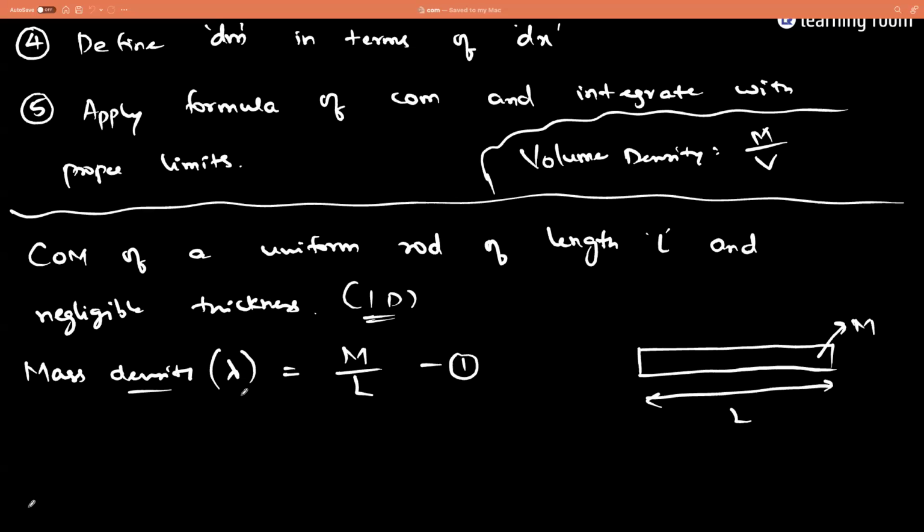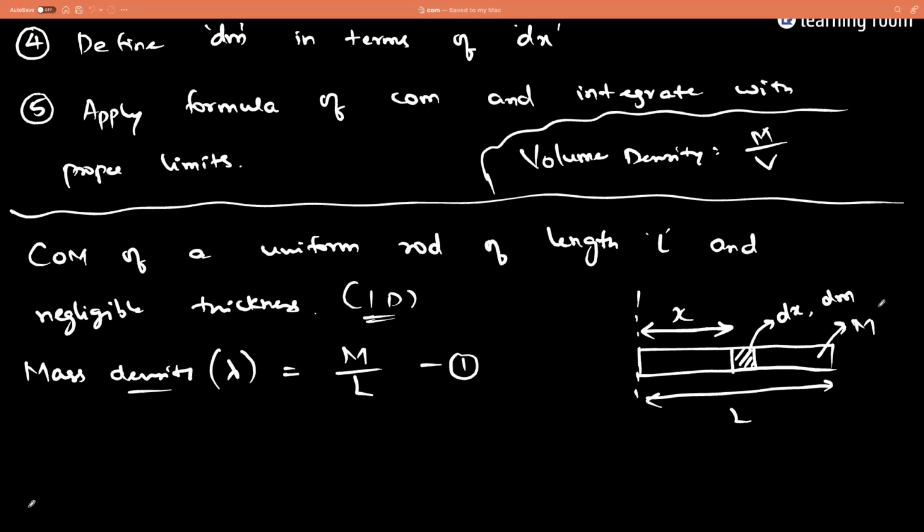Second step is to consider the reference point or reference line. If I take this to be the reference line, then at some random distance x, I am considering a small portion of thickness dx whose mass is dm.